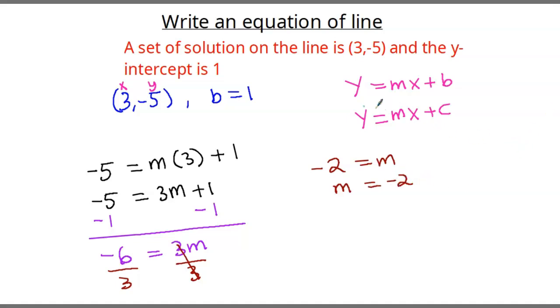Now we plug everything back to get the equation of the line: y = -2x, and the y-intercept is +1, so y = -2x + 1. That is the equation of the line we can form from this given piece of information.